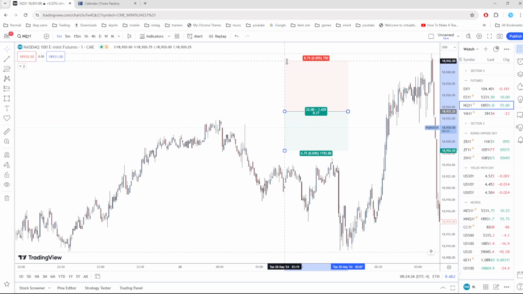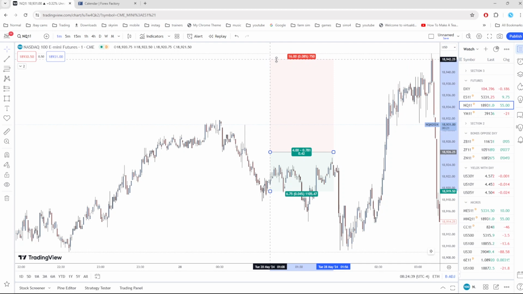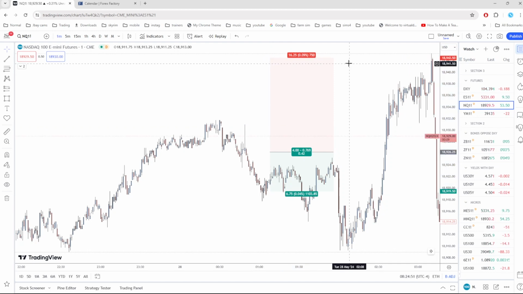Let's jump into a 1 minute for the example. Let's say, okay, you were short at 4, 5. Let's say you were around about 9, 5. Okay, that's 5%. Let's say 9%. That is 16.25 ticks.